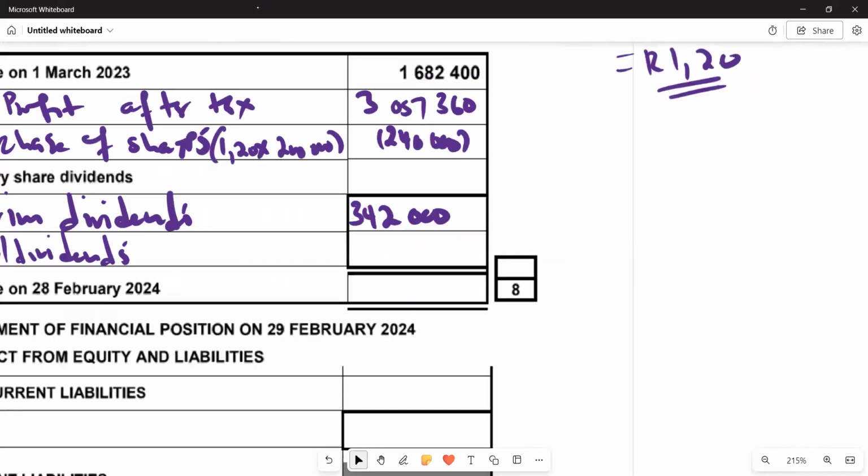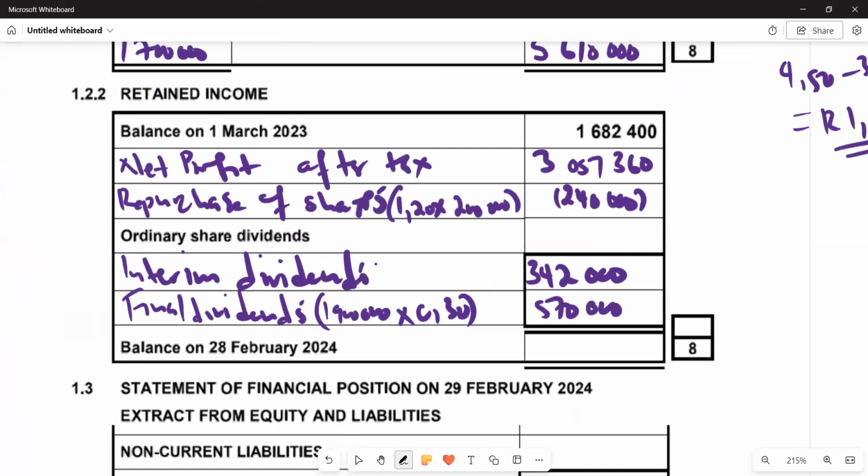In the brackets, obviously, we are going to say 1,900,000 multiplied by 0.30, and we got 570,000. So we add the two to get the total for our ordinary share dividends: 342,000 plus 570,000, you get 912,000. And obviously, you're going to subtract it to arrive at the balance of 28 February 2024.